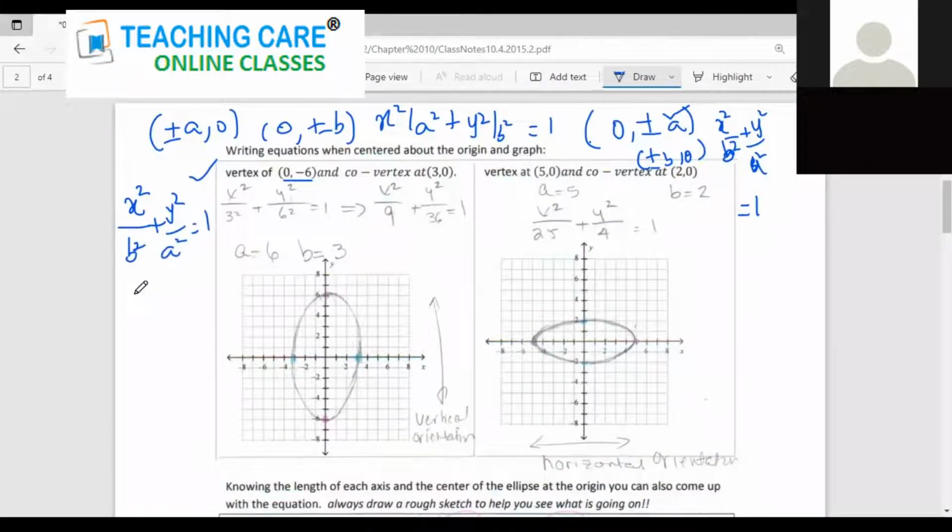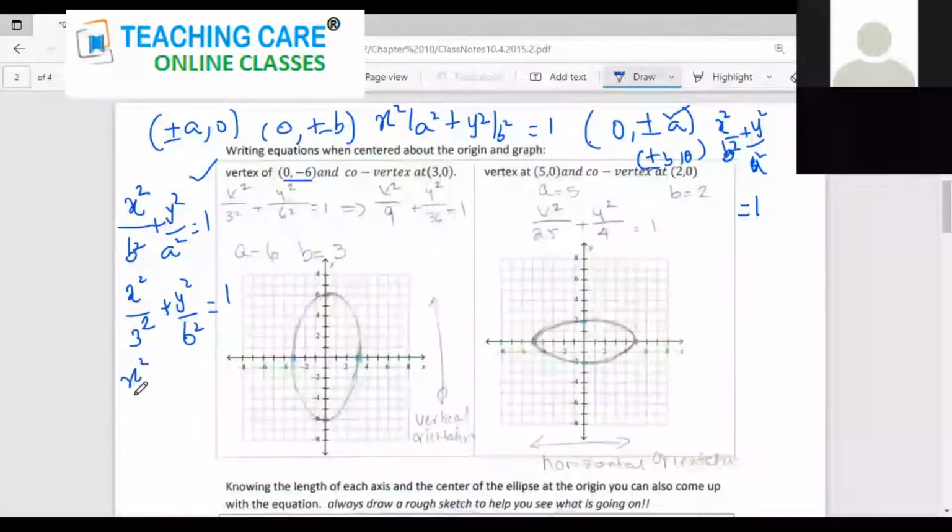Now, what is your b coordinate here? We check the co-vertex, so b is 3. So 3 squared, plus y squared over the a coordinate, which is 6 squared, equals 1. That is x squared over 9 plus y squared over 36 equals 1. So a is 6 and b is 3, and you can draw it as it is.